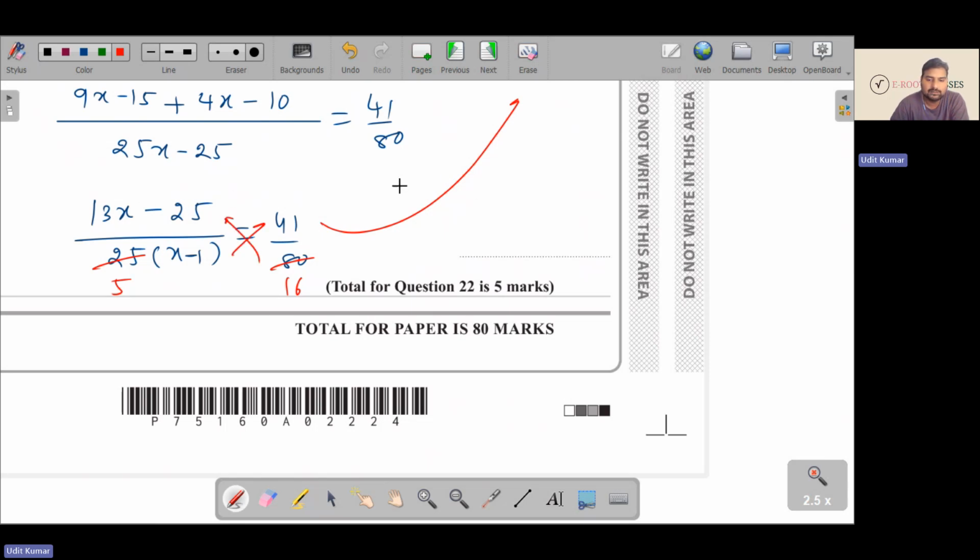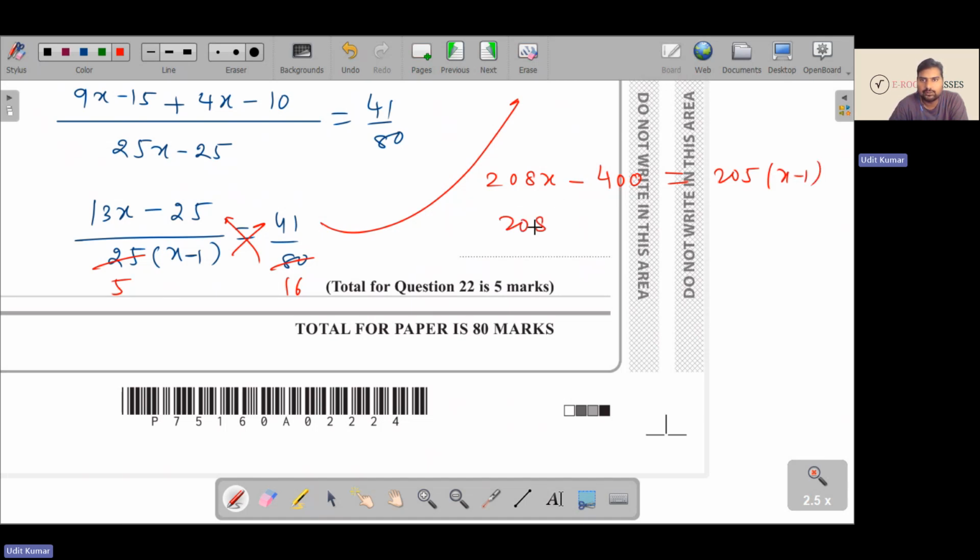So 16 times 13x is 208x, minus 16 times 25 which is 400, equals 41 times 5, which is 205x minus 205.